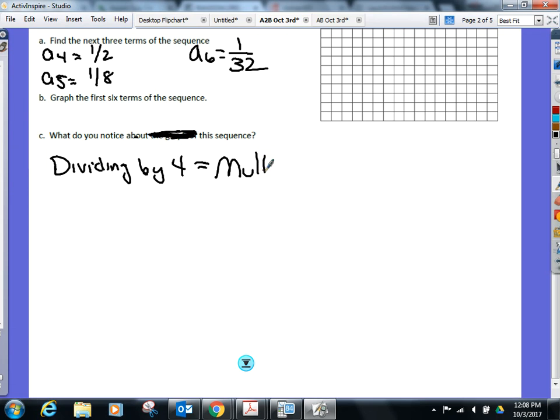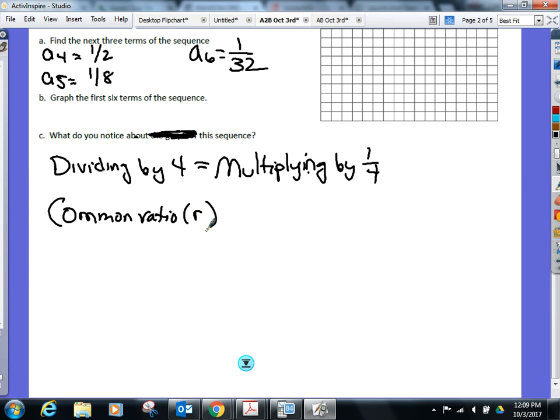Multiplying by 1/4, 1/4. That 1/4 is called our common ratio with lowercase r. Common ratio. 1/4.